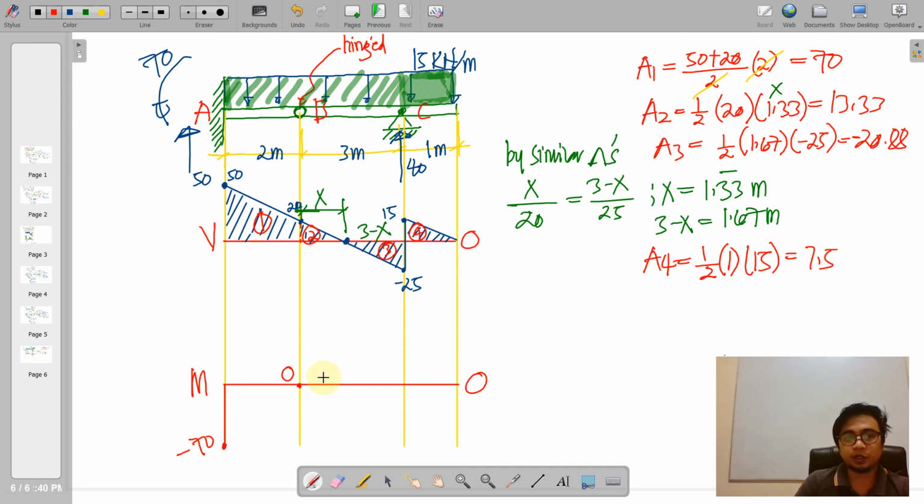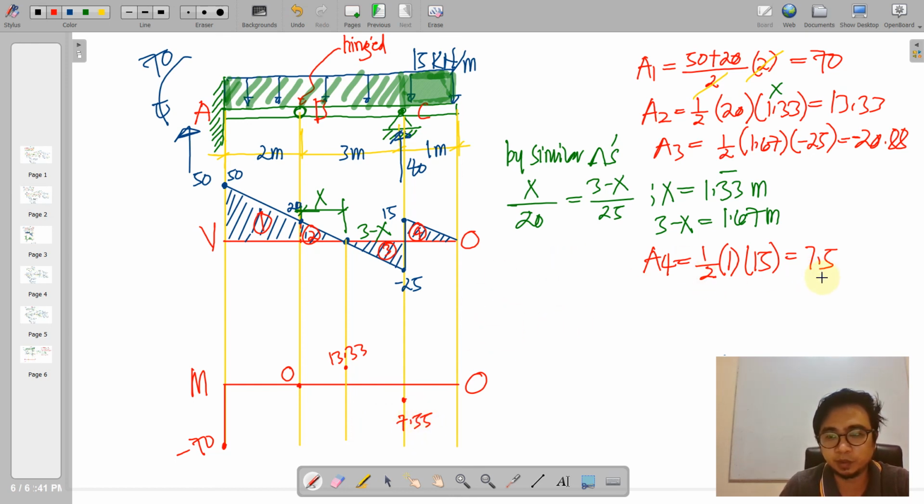And for area 2, we'll just have to project this line here and then get the positive 13.33. We add it from 0. Okay, and then we deduct area 3. We have negative 7.55. And eventually area 4 will close it to 0.